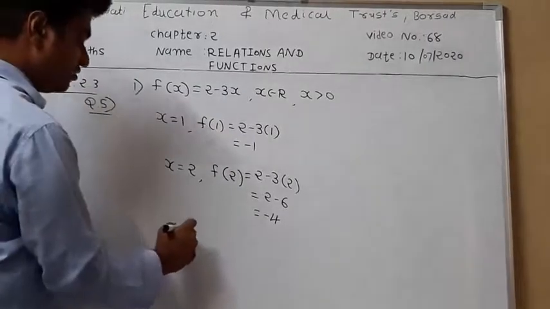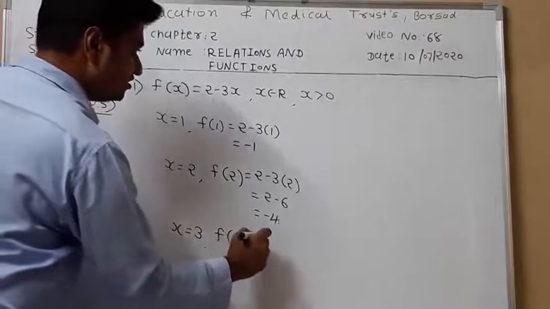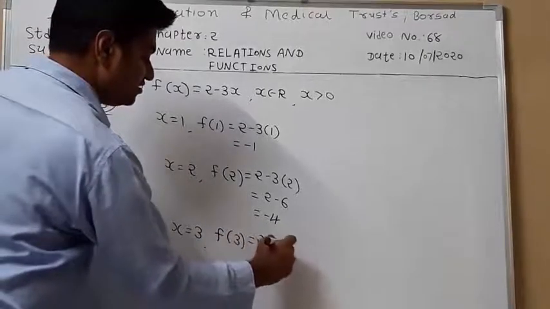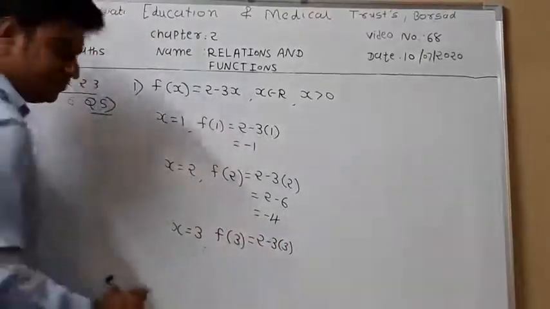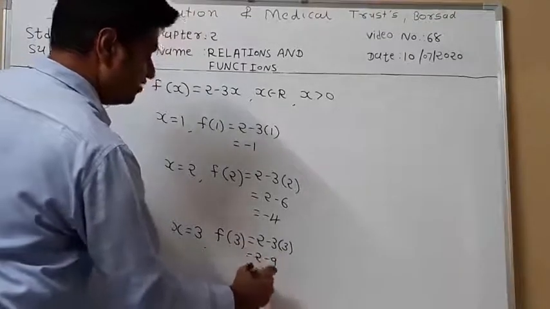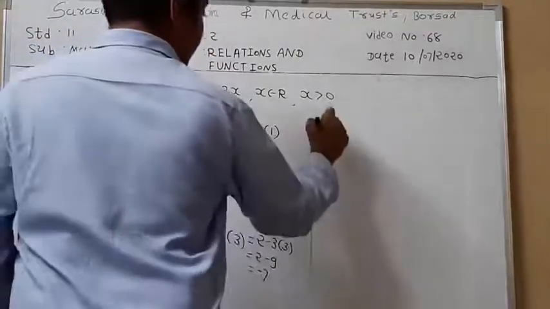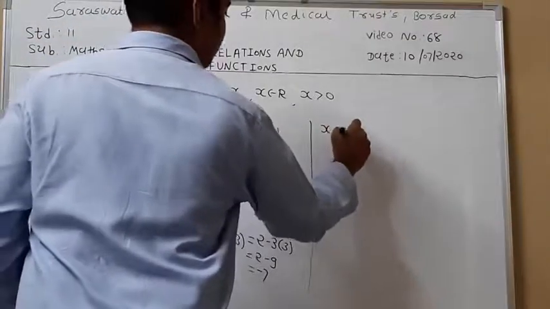x is equal to 3. So f of 3 is equal to 2 minus 3 into 3, which is 2 minus 9, that means minus 7. x is equal to 4.